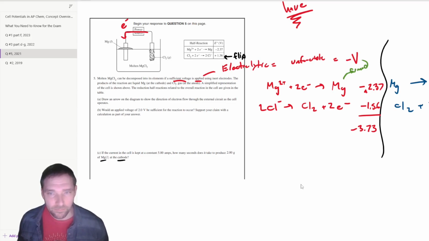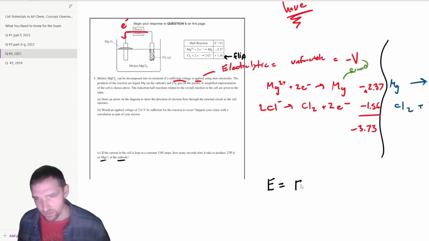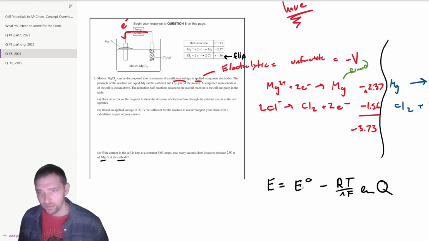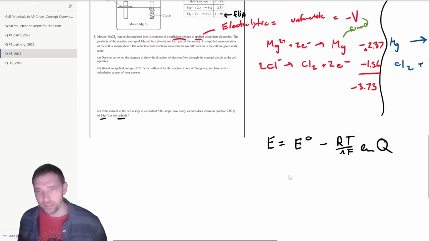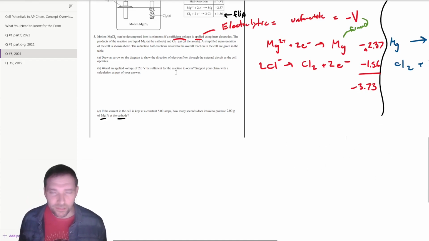So if we're thinking about that Nernst equation, there was that standard potential, and then there's the minus the RT over NF ln Q thing going on over there. So basically they're saying, okay, this is a negative. Actually, no, hold on. They're not changing the Q's here.